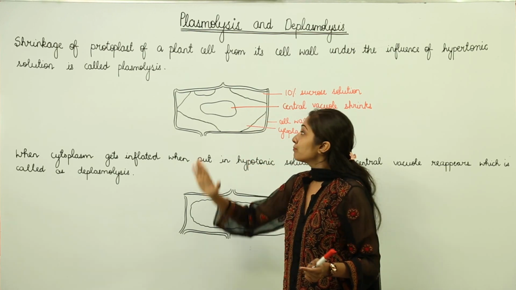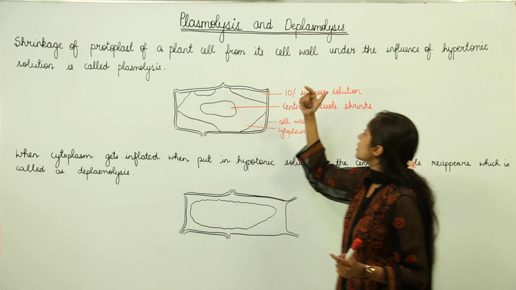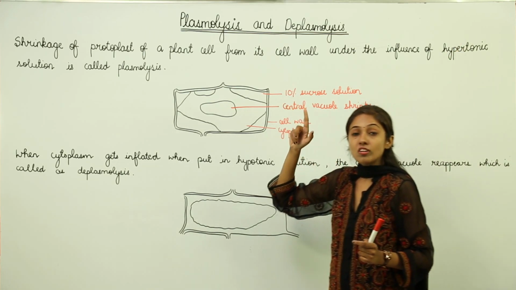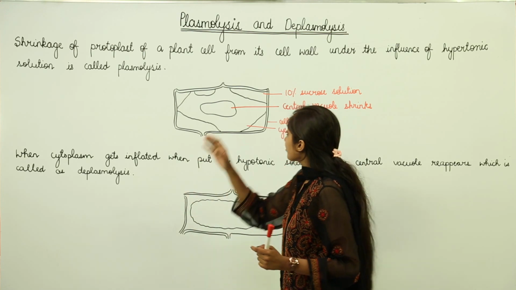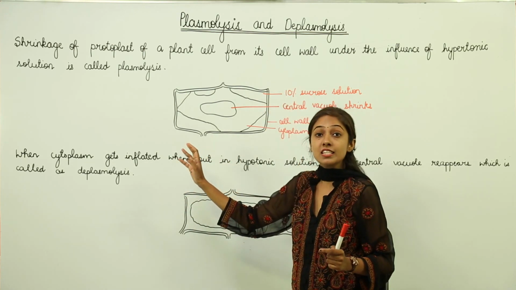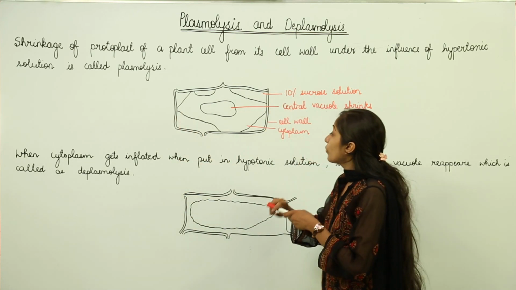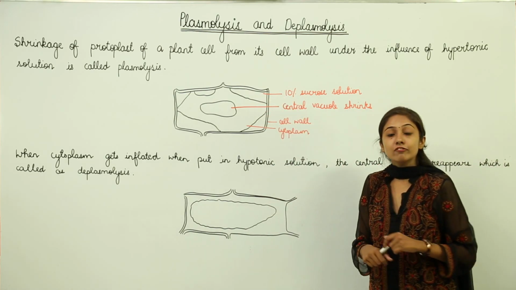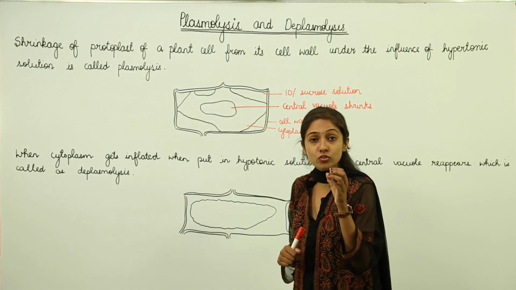Why? Because we have put this cell in a hypertonic solution, means the concentration of the solute particles is more, right. So, when you put such a cell in a hypertonic solution, there will be osmosis that is going to take place.